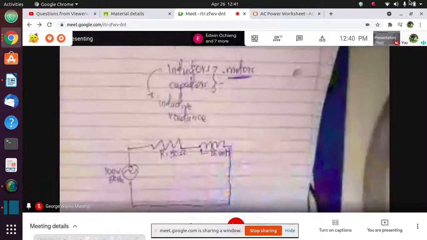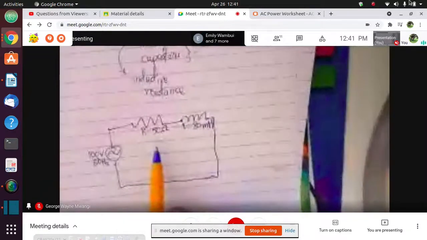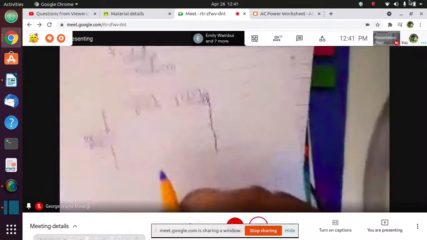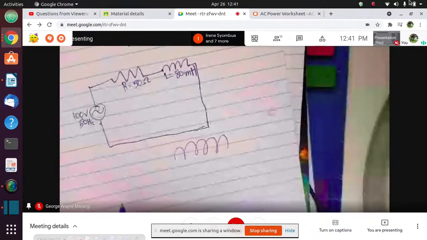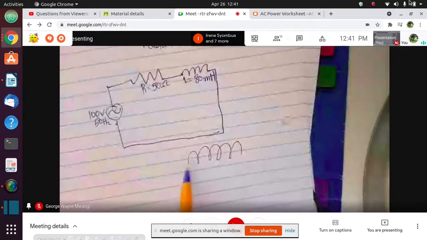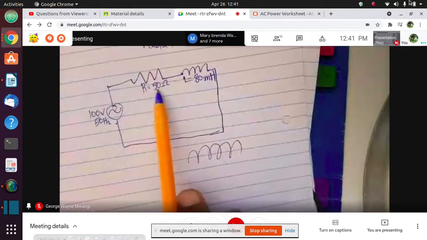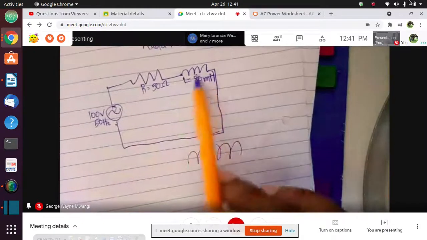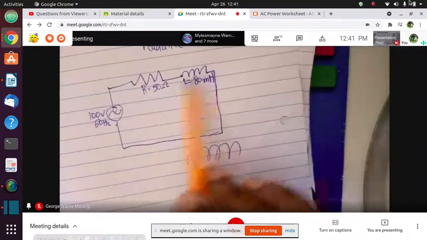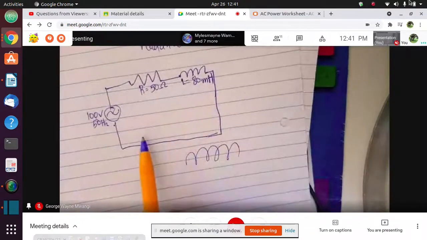You find that a motor is a coil wound around a core. This coil has internal resistance, for example 50 ohms, and because it has been coiled, we have to include the property of inductance.